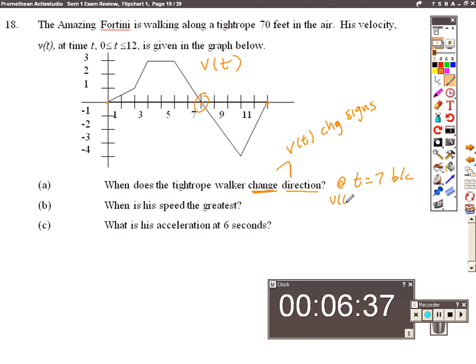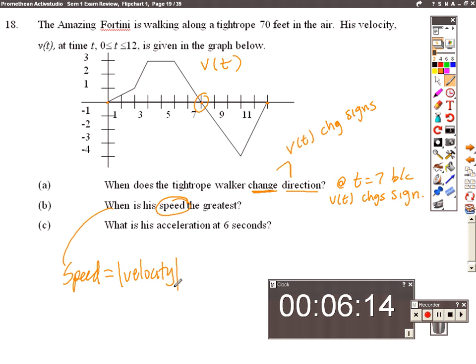Because velocity changes signs. When is his speed? Now there are two ways to calculate the speed. Remember that speed, very important, is not acceleration. It's the absolute value of velocity. We already have a velocity graph. So what you're looking for, there are two ways to analyze it.